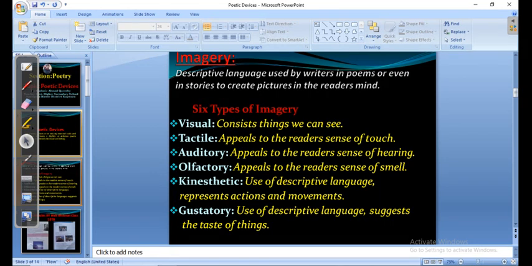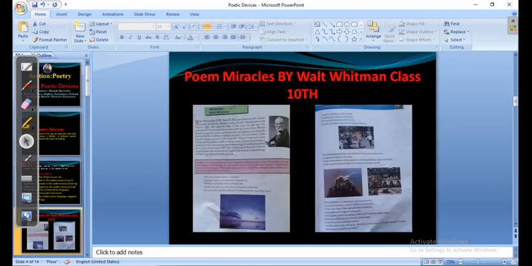Here I will give you the perfect example from the class 10th poem, Miracles by Walt Whitman, in which he clearly touches your senses by describing an image so that you can imagine the things, you can feel the things.